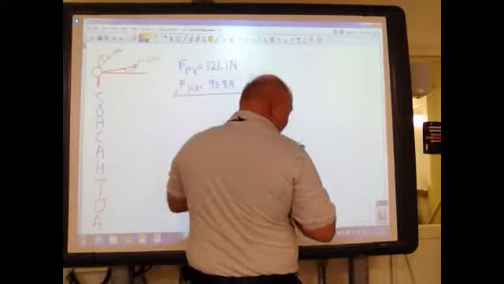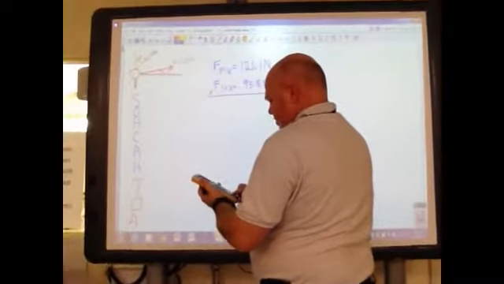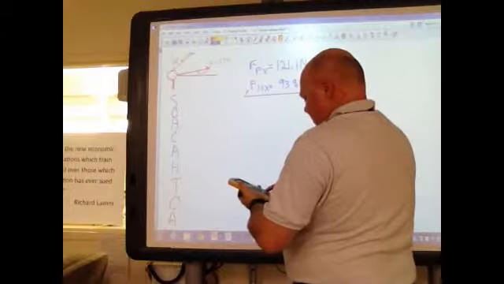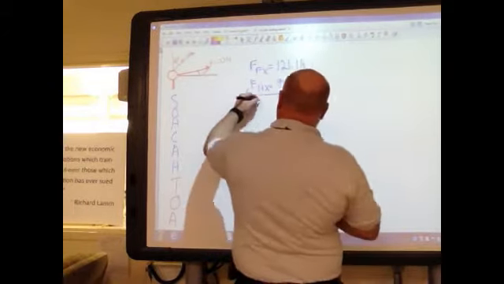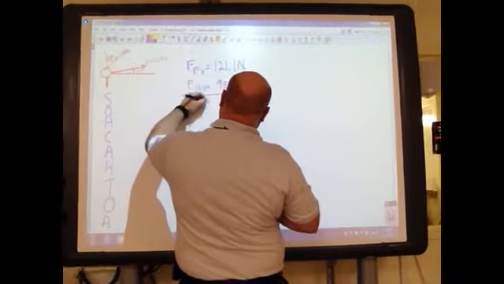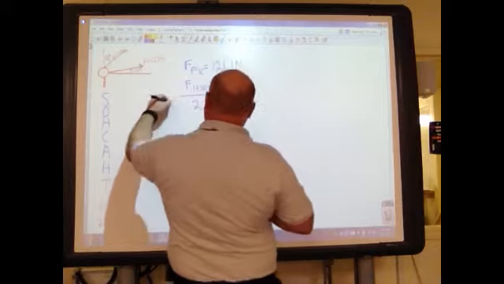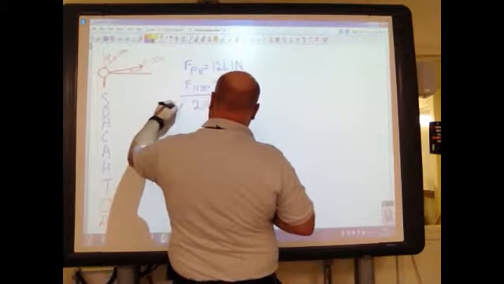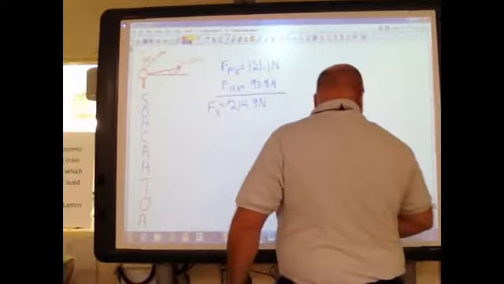If I add those two together, 121.1 plus 93.8, I get 214.9. So 214.9 newtons. That's going to represent a new vector that I'm just going to label Fx. Or that's going to be the one component of a vector.